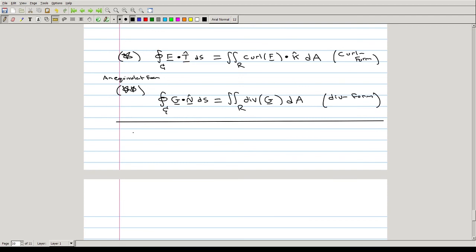So these two forms, I'll write this down. Are equivalent in the plane.